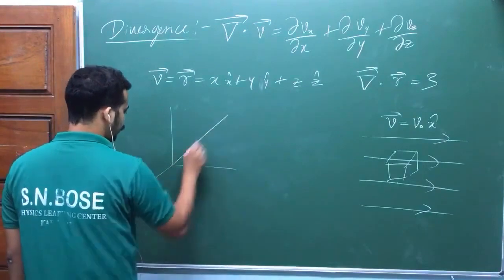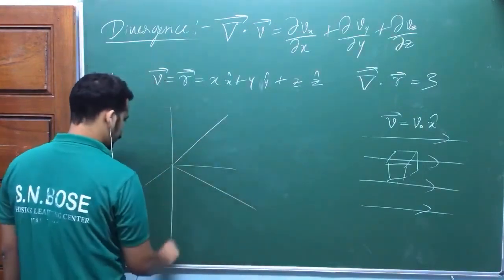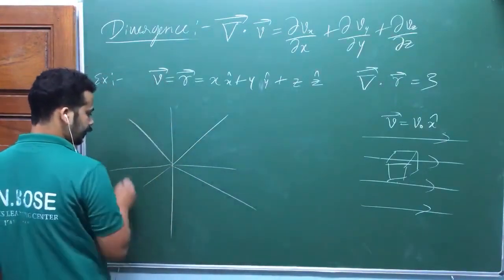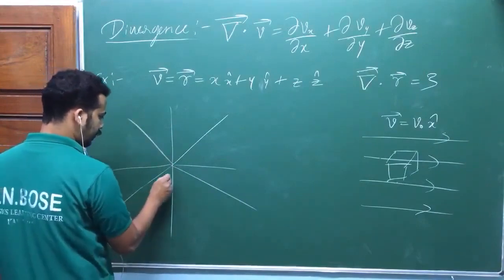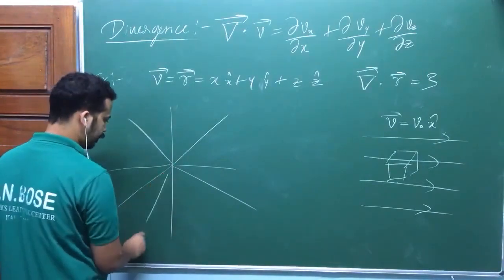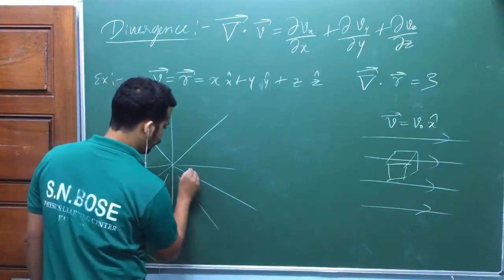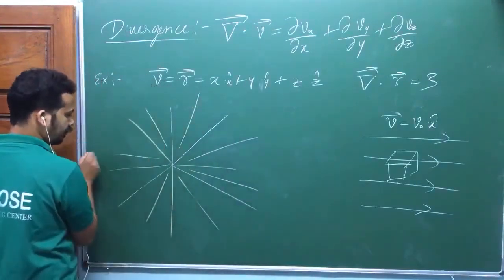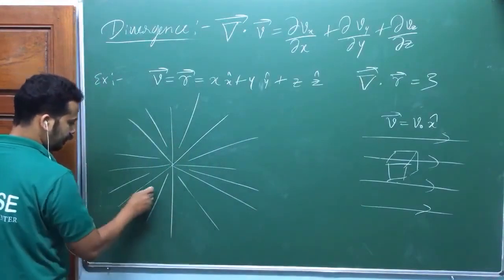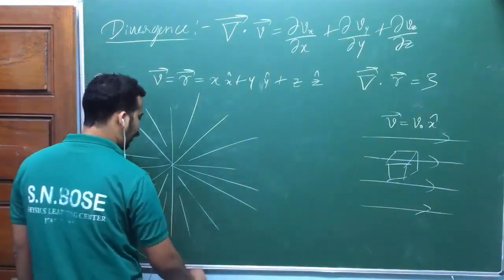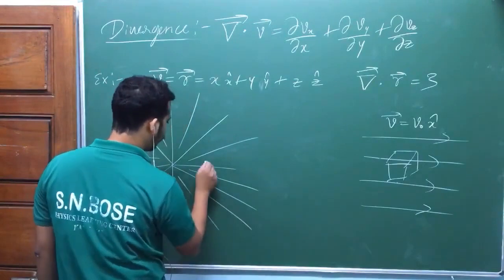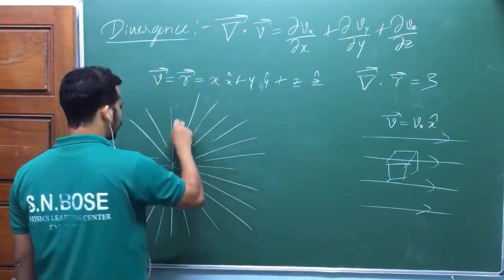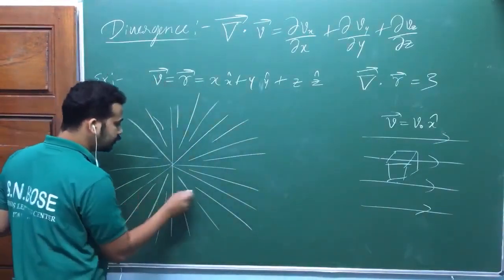Look at here. Is that okay? That is one of the representations that I am doing here, okay? Need not be like this. That means there are sources everywhere.